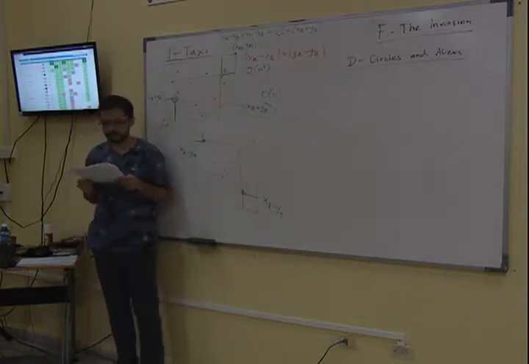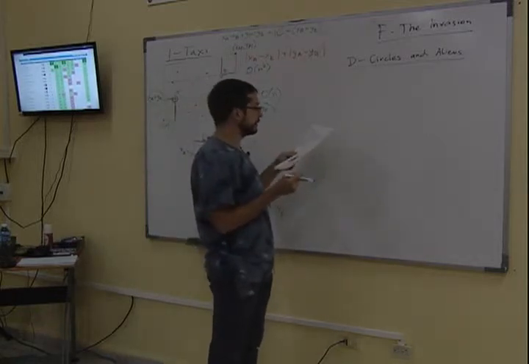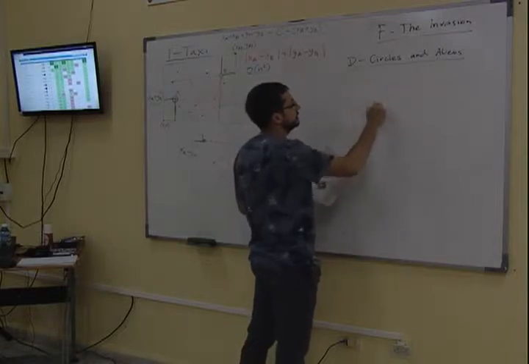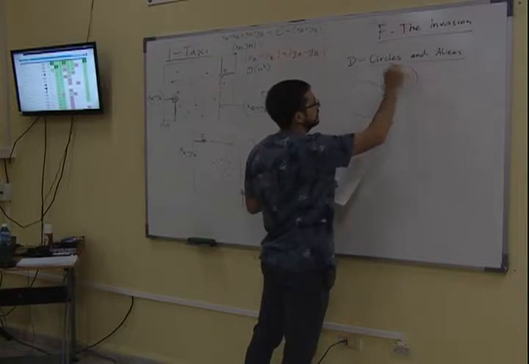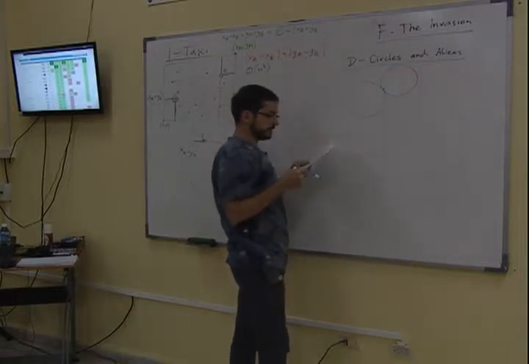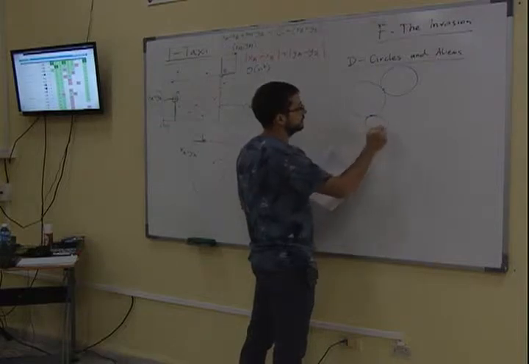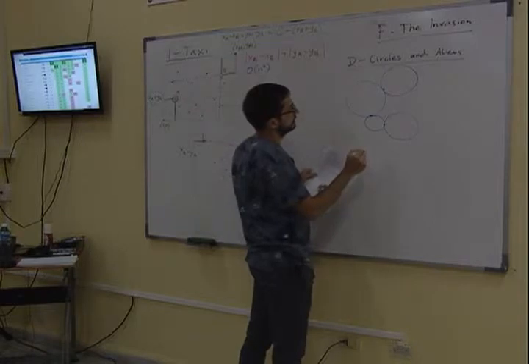I mean, the insides of the circles don't intersect, but the circles can touch each other. So you can have something like this, and circles can have different radii.